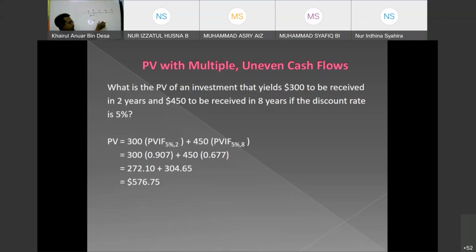Future value dia adalah 300 bahagi 1.05 power of 2. So, berapa kita dapat di sini?